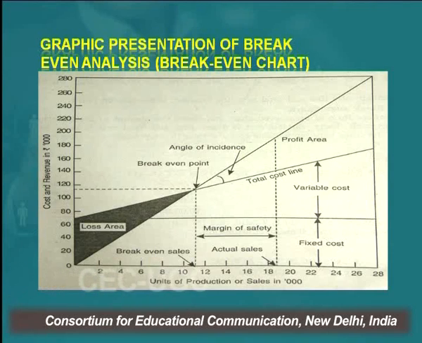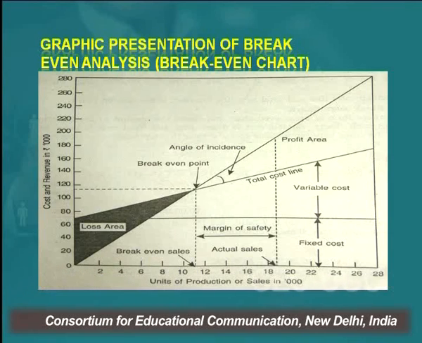Even if you are producing zero, that is, you have started your business and are not producing at all, the business is in operation, so even at zero level of sales you are bound to incur your fixed cost. So what you notice is the cost line is starting from 70,000 rupees, which you are plotting even at zero level of sales.